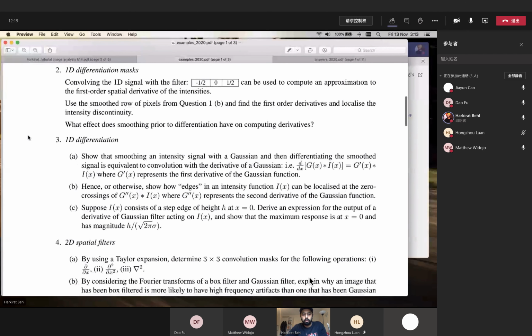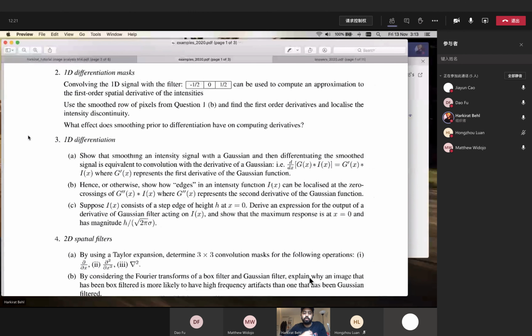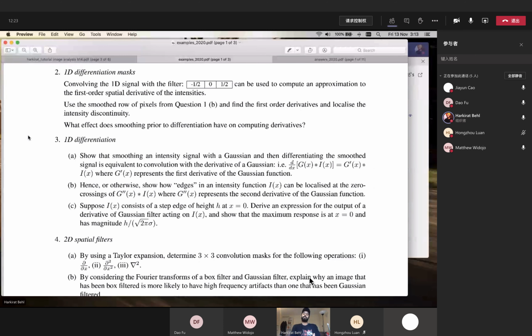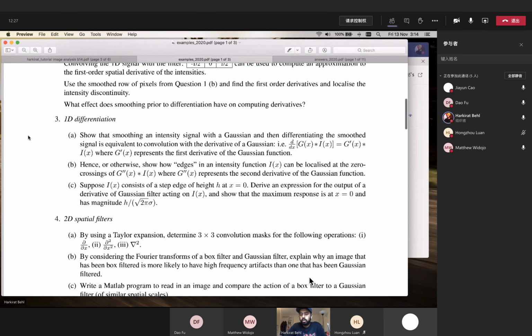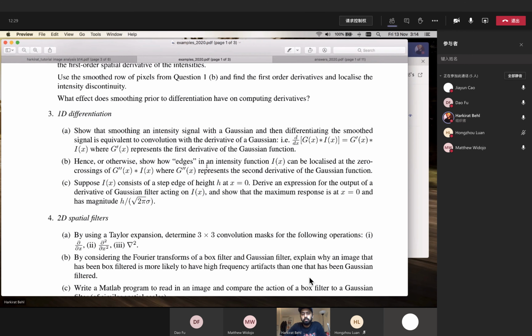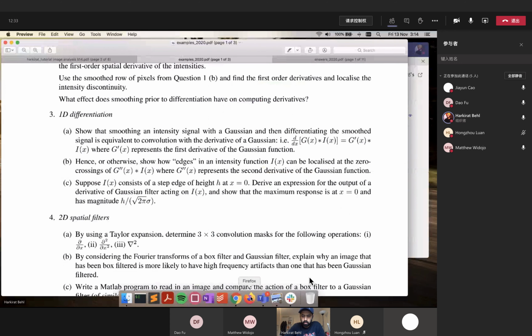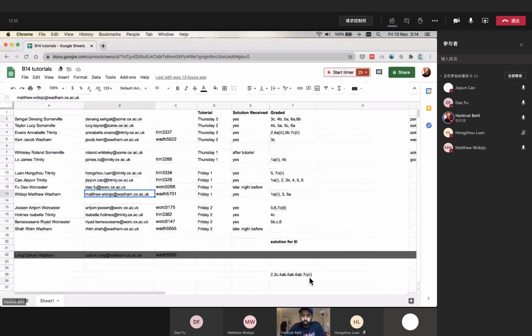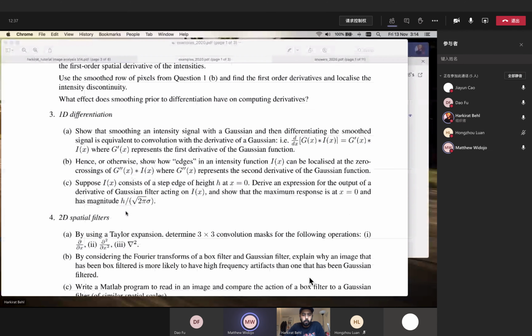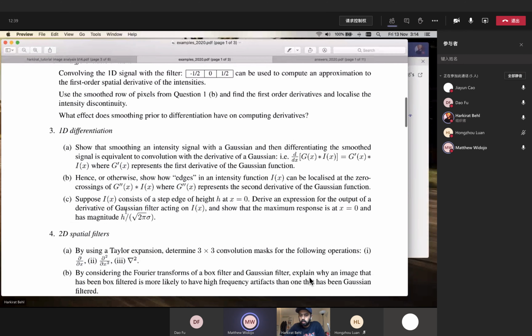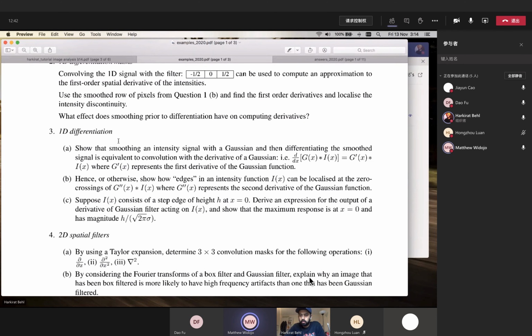Question 3: show that smoothing an intensity signal with a Gaussian and then differentiating the smooth signal is equal to convolving with the derivative of the Gaussian. I think most of you did it correctly, but we can have a look at the solution too. You could basically just bring the derivative inside.